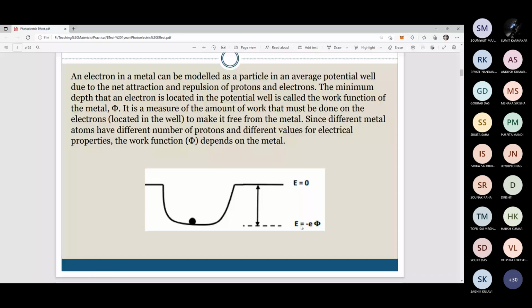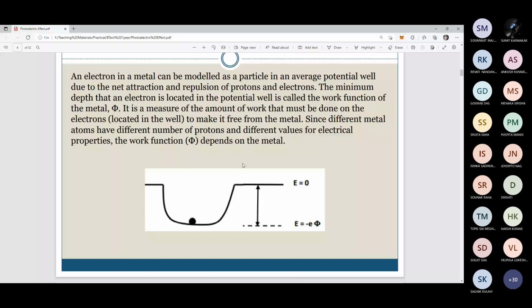If we remove it from the metal to outside, then we have to apply some energy which is equal to e phi. This is negative, so we have to apply energy e phi so that the total energy sum will be 0, then it can escape. If the total energy is 0, then it can be released from the material.